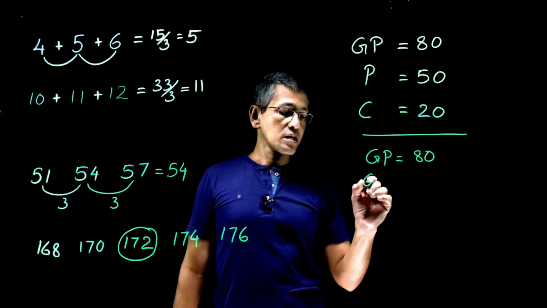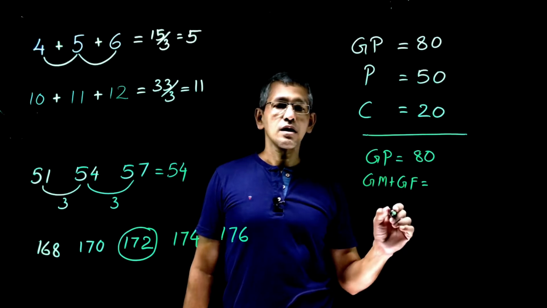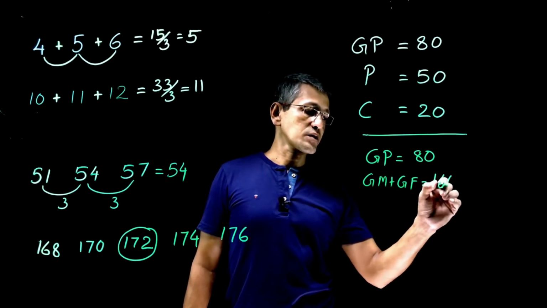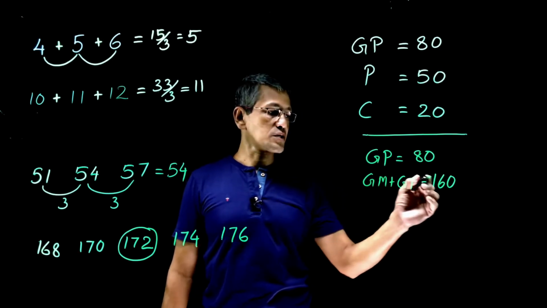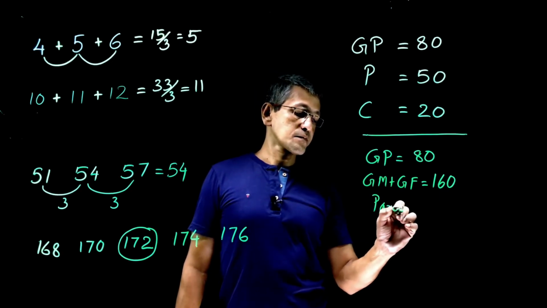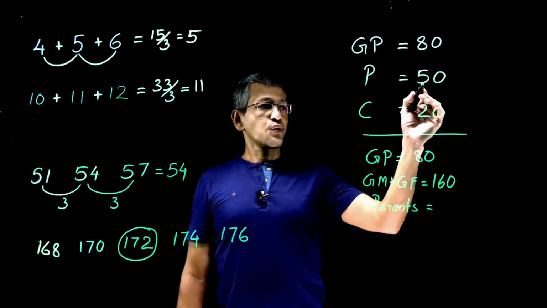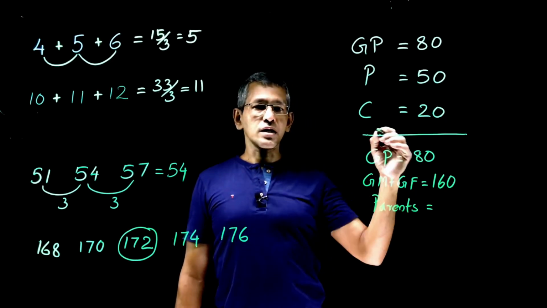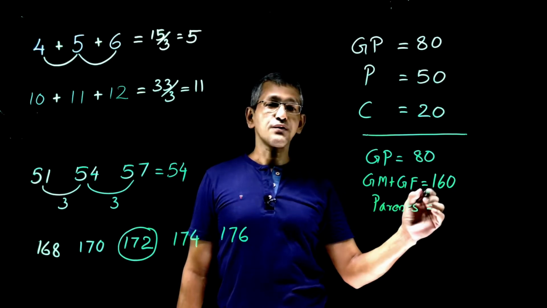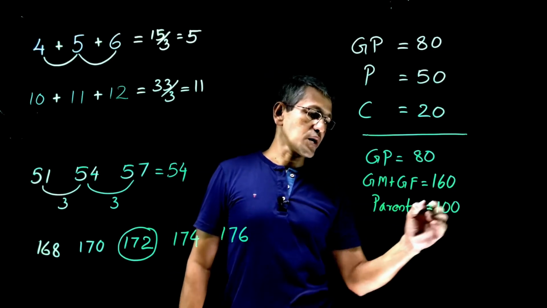So grandmother plus grandfather would be what? 80 into 2, 160, right? So the total age of the grandparents is 160. Total age of parents, we have 2 parents. The average is 50, so the total age would be 50 into 2. Average means one person is 50. So there are 2, so 100.